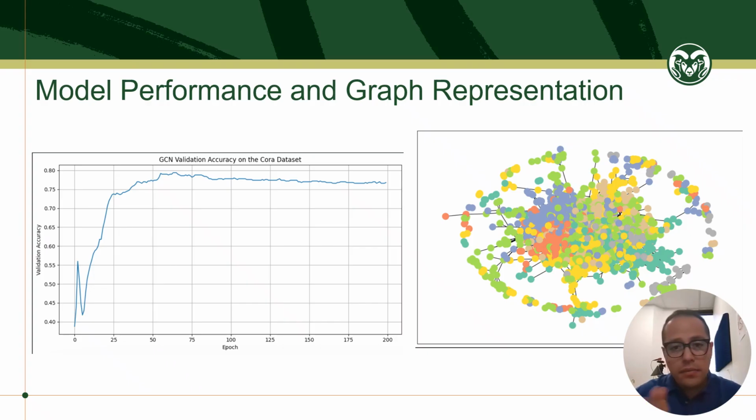On the right, the graph visualization shows the Cora citation network, where nodes represent papers and colors represent their classes. This helps illustrate why GNNs are useful.